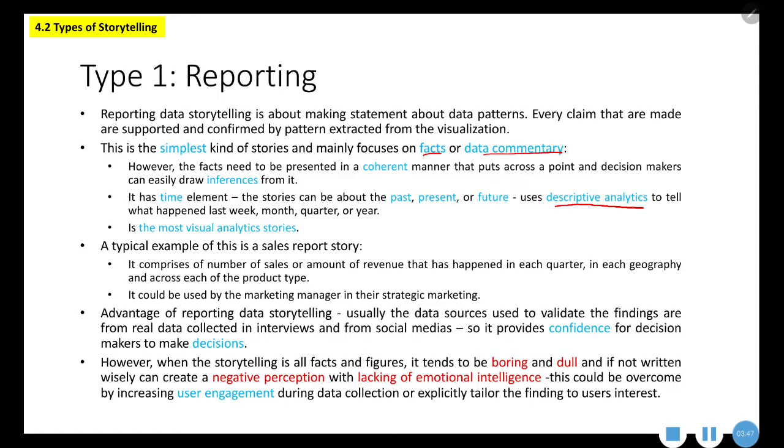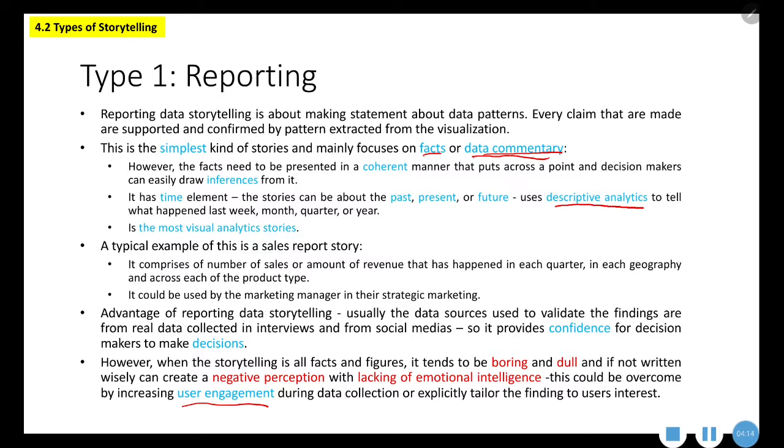Why does this happen? Because as we know, reporting data storytelling is about facts and data commentary. So the element of emotional intelligence is not really there, but it can be overcome by increasing user engagement during data collection or explicitly tailoring the findings to the user's interest.